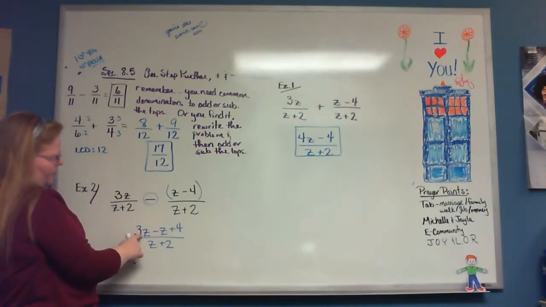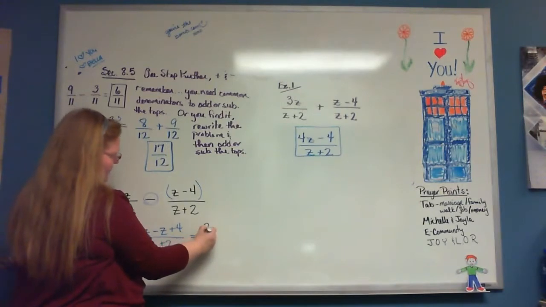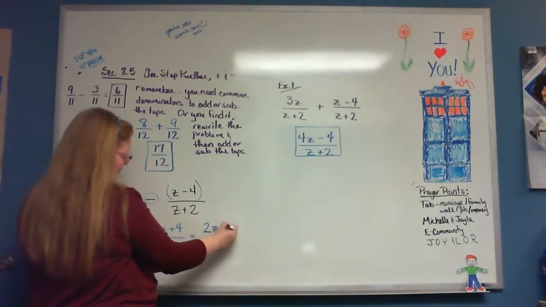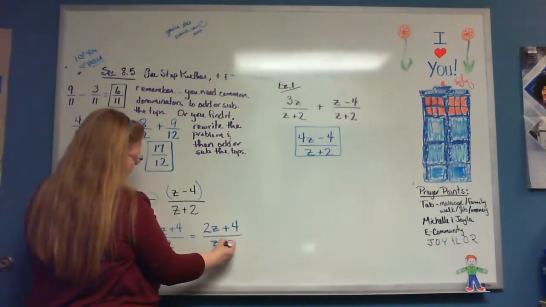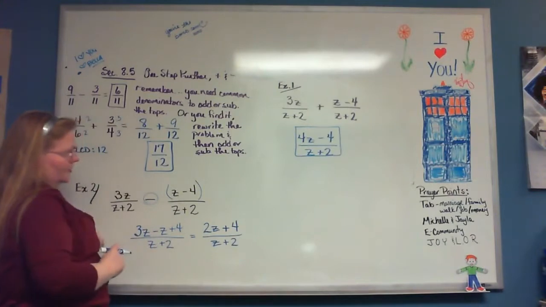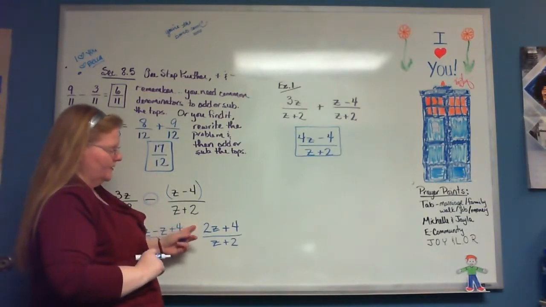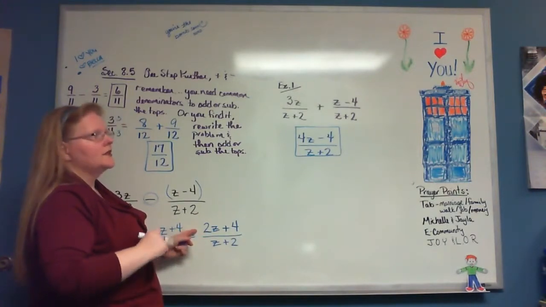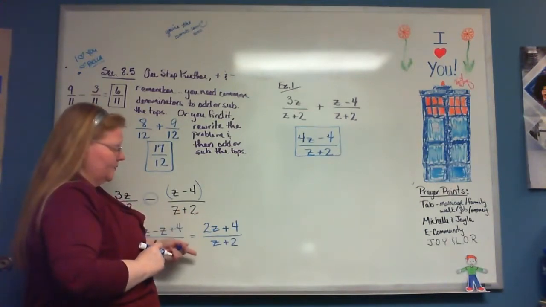So now I can do my calculation. 3z minus z is 2z, and then my plus 4 over z plus 2. Now, if I look at this and I take a 2 out of the top, I do have a z plus 2 left on the top, which would mean that yes, something would factor.